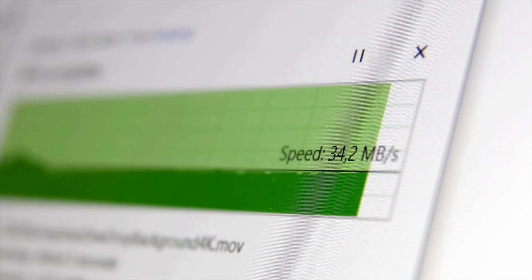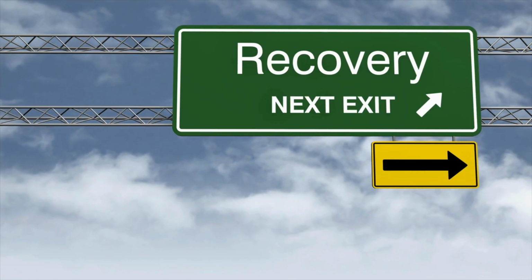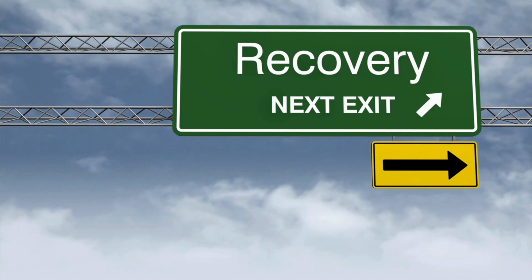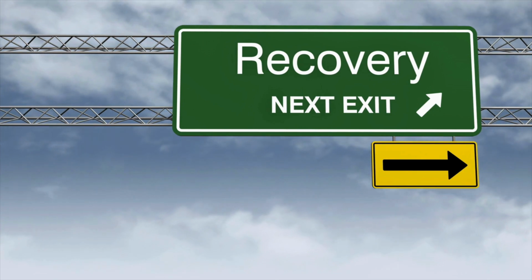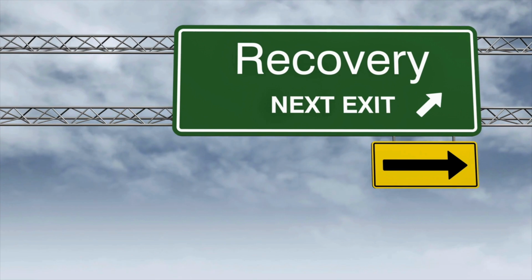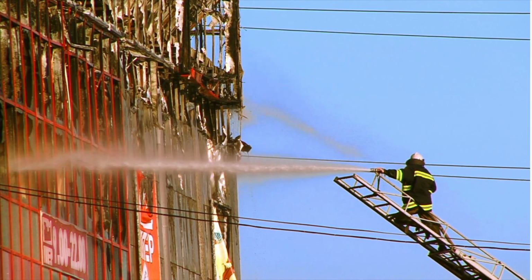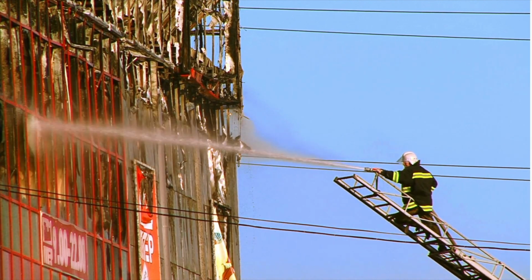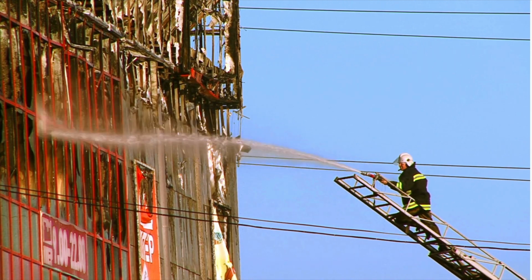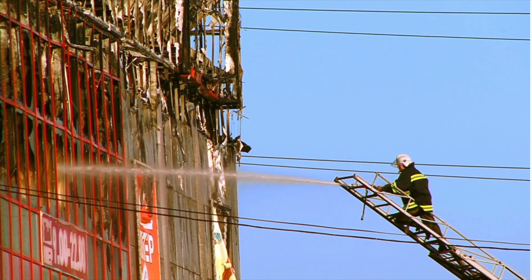Now, you may be thinking, what is the relationship between business continuity and disaster recovery? BCP and DRP work together to ensure an organization can handle disruptions effectively. While BCP ensures that critical business functions can continue during a disruption, DRP focuses on restoring IT systems, while business continuity planning ensures that essential business functions can continue during and after a disruption.